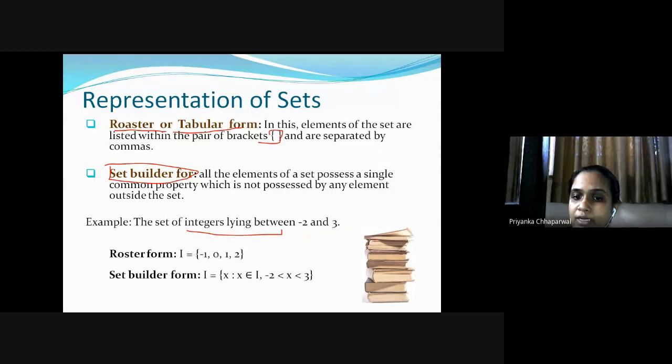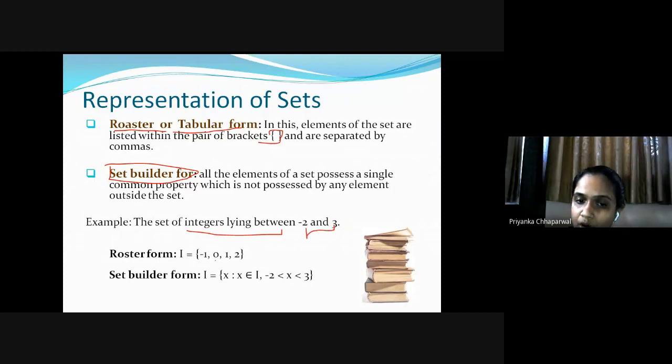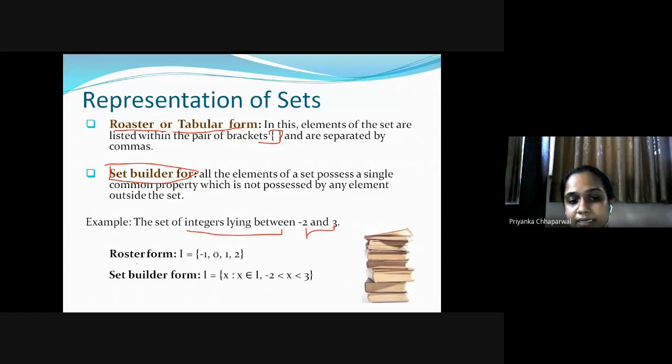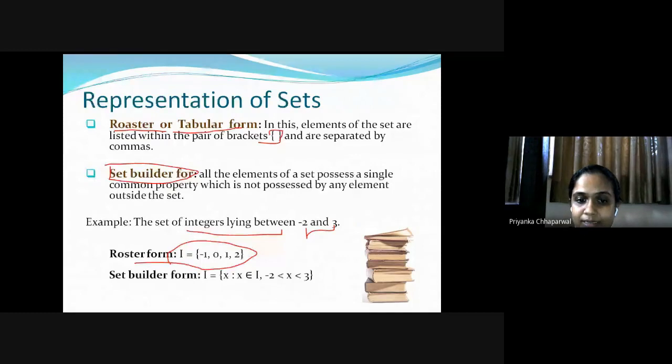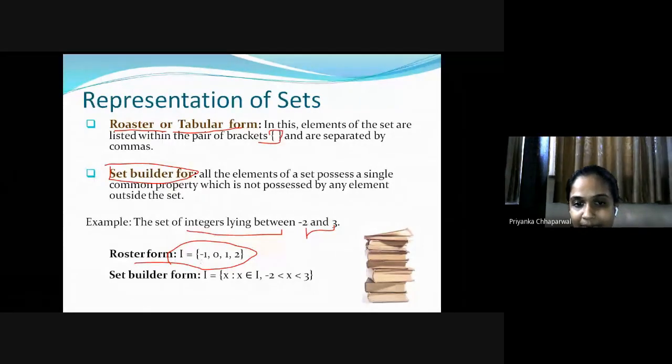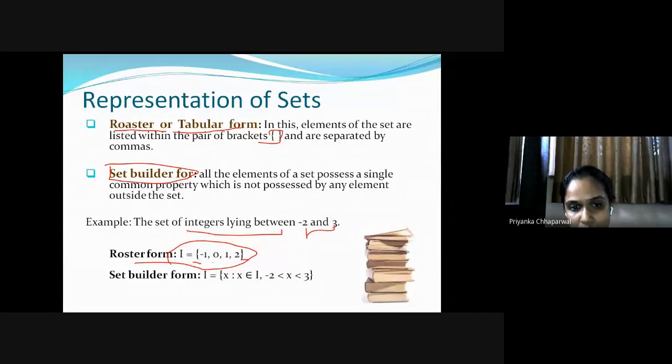This is the roster form. In this, the elements of the set are listed within curly brackets and separated by commas.